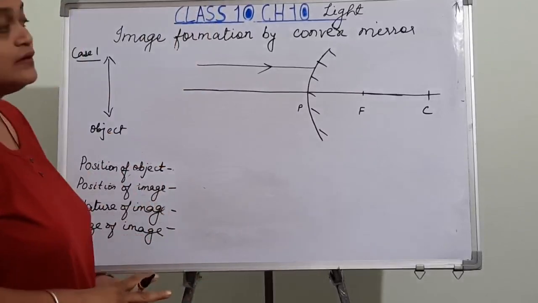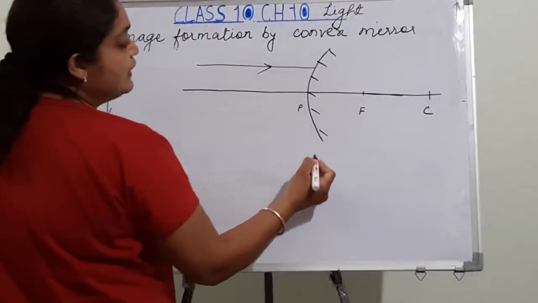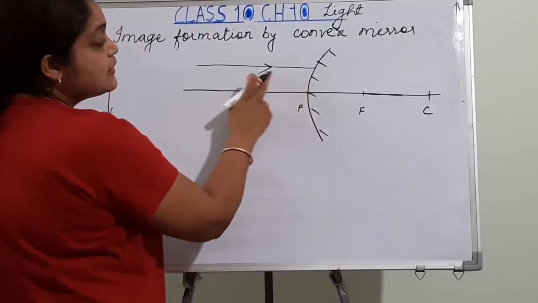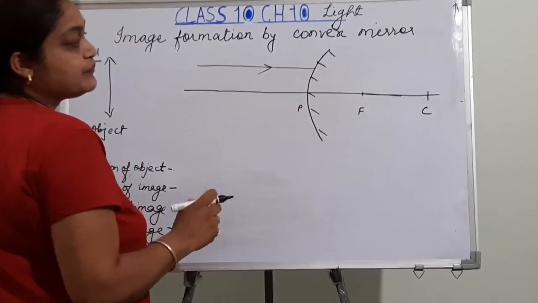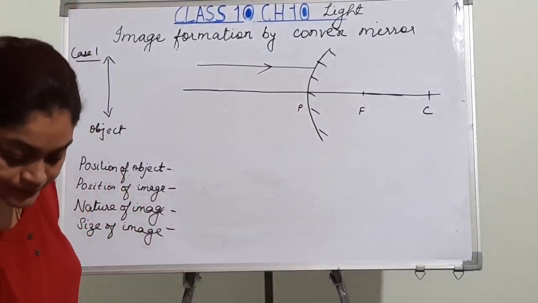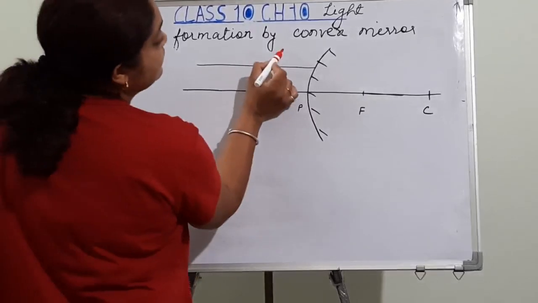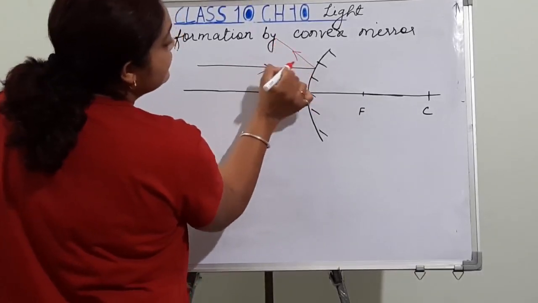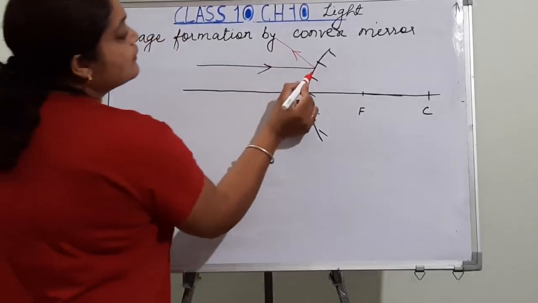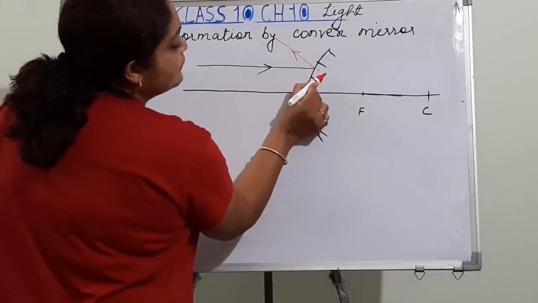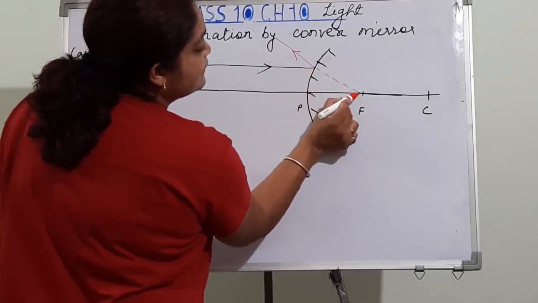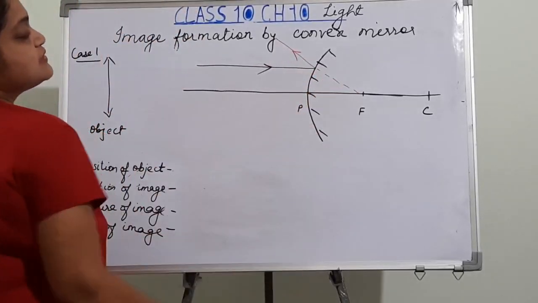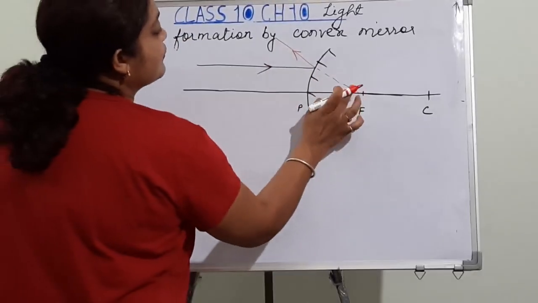This is a convex mirror, so it will diverge the rays of light approaching the mirror. So the rays get diverged. This is the reflected ray. When you produce this ray, you will see that it appears to be coming from the focus.